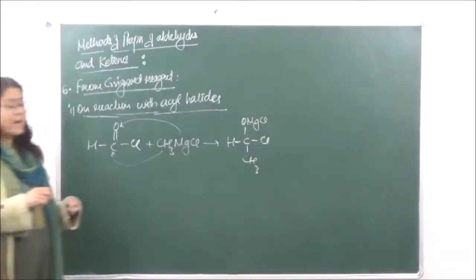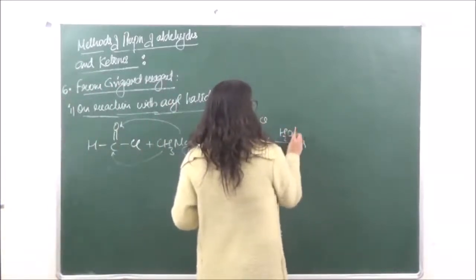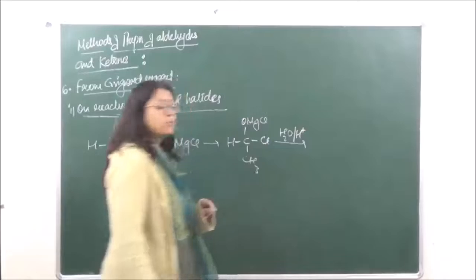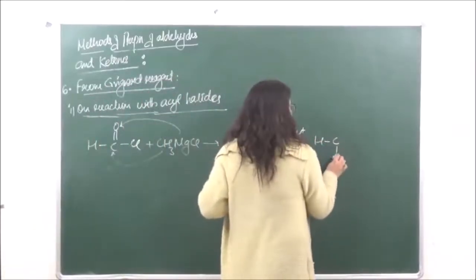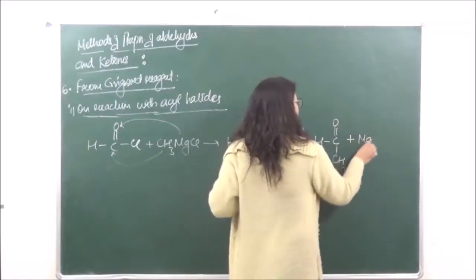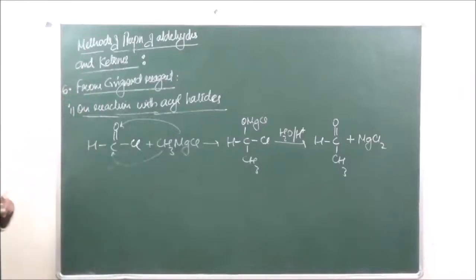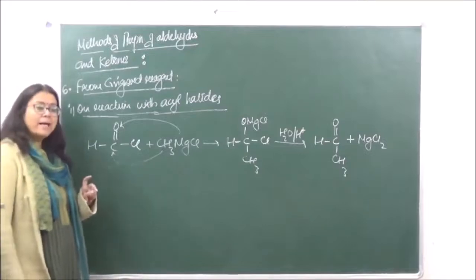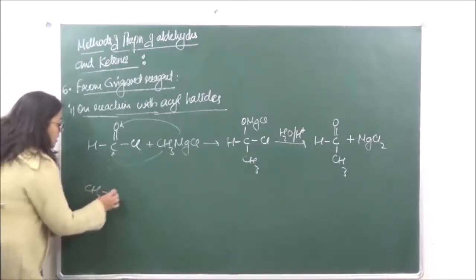Now when we do the hydrolysis of this in presence of H positive, this is going to give us HC CH3 double bond O plus MgCl2. So we're going to get an aldehyde. Okay, and if we're taking any other acyl halide than formyl, we are going to get a ketone. So we're taking acetyl chloride over here.